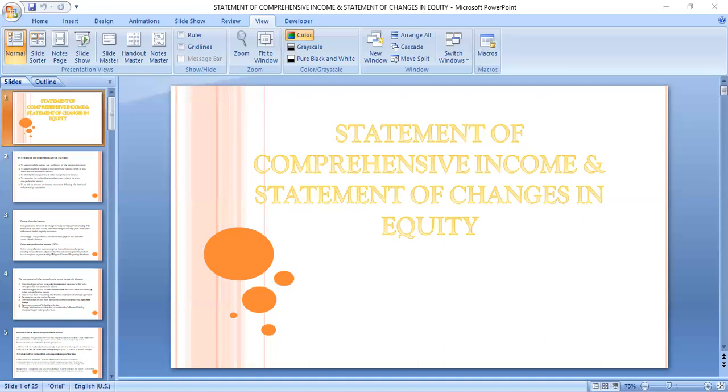Now, we have the following components of other comprehensive income: unrealized gain or loss on equity investment measured at fair value through other comprehensive income, unrealized gain or loss on debt investment measured at fair value through other comprehensive income, gain or loss from translating the financial statements of a foreign operation, revaluation surplus during the year, unrealized gain or loss from derivative contracts designated as cash flow hedge, remeasurements of defined benefit plan, change in fair value attributable to credit risk of a financial liability designated at fair value through profit or loss.